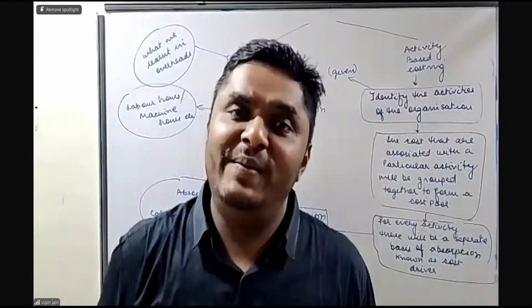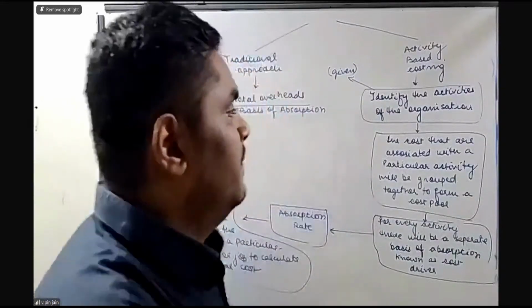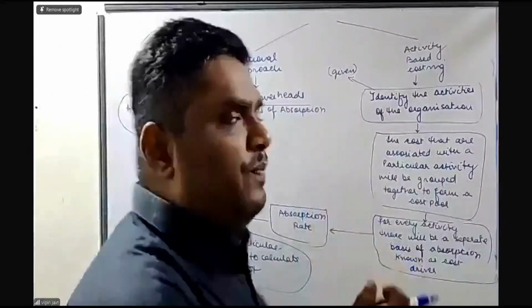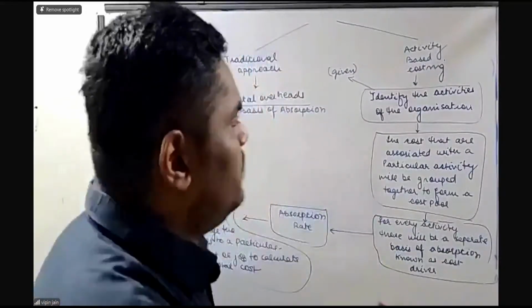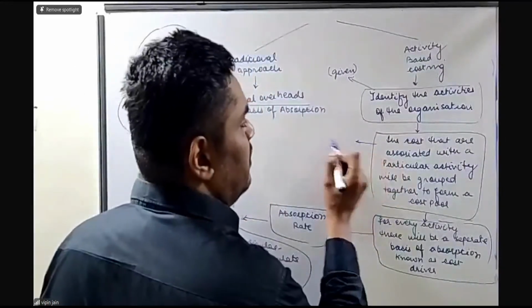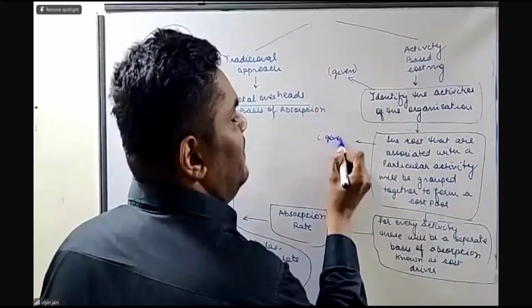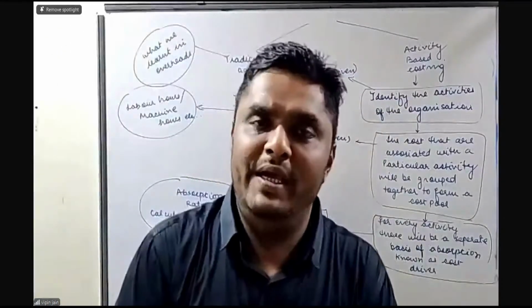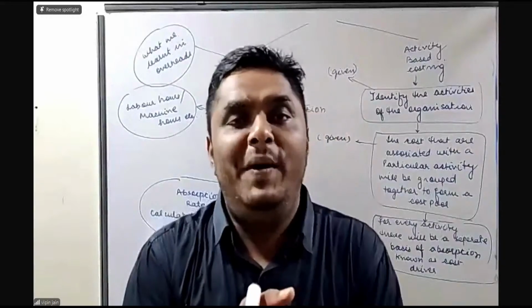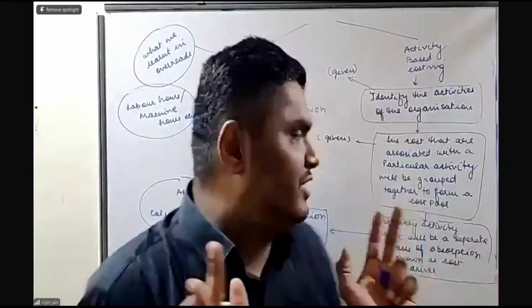Now, the cost relating to a particular activity will also be given straight away in the question. So half of the work is done: the activities and the cost relating to a particular activity will be given.